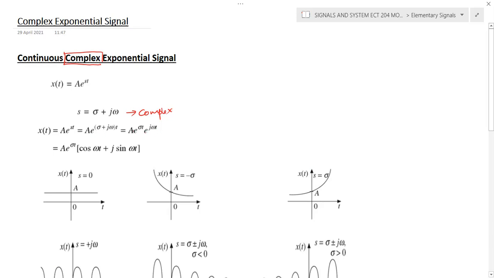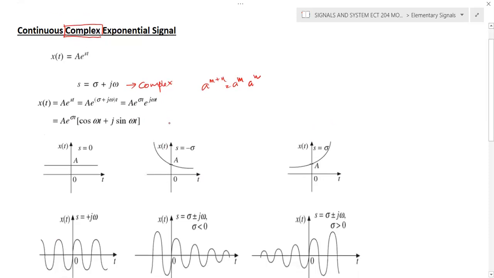This is an exponential term. It's something like a raised to m plus n can be written as a raised to m into a raised to n. By Euler's formula, we know that e raised to j theta is equal to cos theta plus j sin theta. So this is an exponential term with a complex factor, and this is a real term.